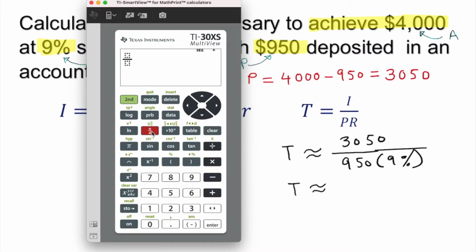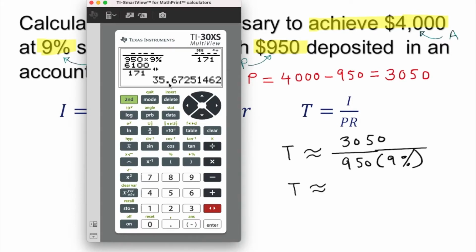So we use this N over D, or otherwise if you have another calculator, 3050 divided by 950 times 9%, enter. It's something like a fraction, or maybe you're going to get a decimal, so I'm going to convert it with this double arrow right on top of enter. So double arrow, I have this 35.67.